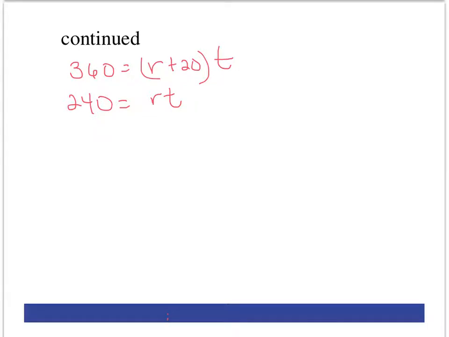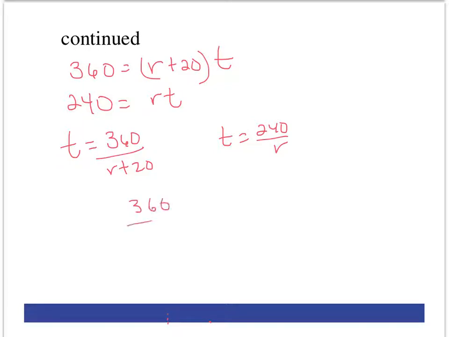Since t is in both of them, we can change this around to t equals the distance divided by the rate for Rayanne, and for Catherine, t equals 240 divided by the rate. So we can say 360 over r plus 20 equals 240 over r.